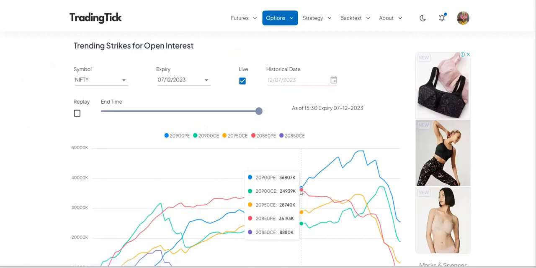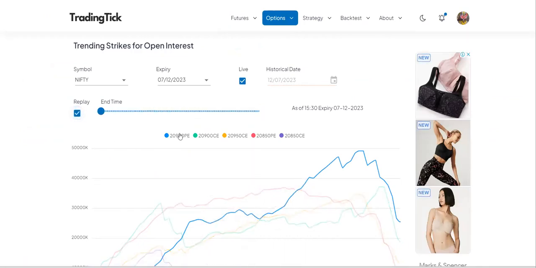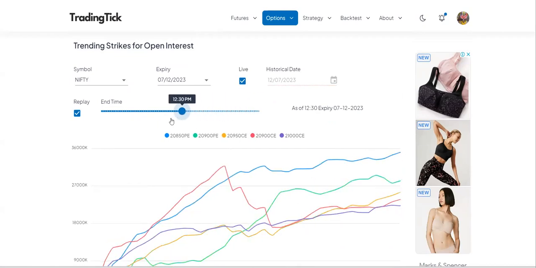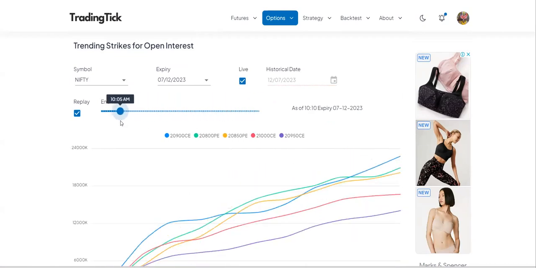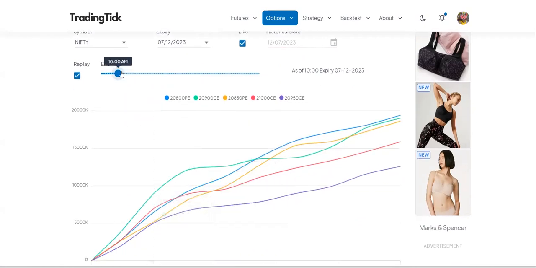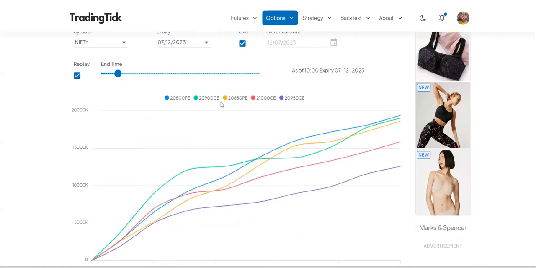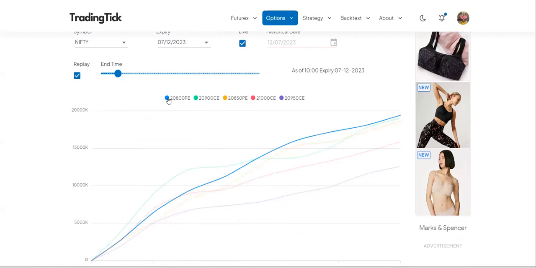Here, if you go to the replay button and move this from here to the back, around 9, I need only the 20,900 call option and the 20,850 put option, or the 20,800 put option. Let me remove all these things and let me have this.